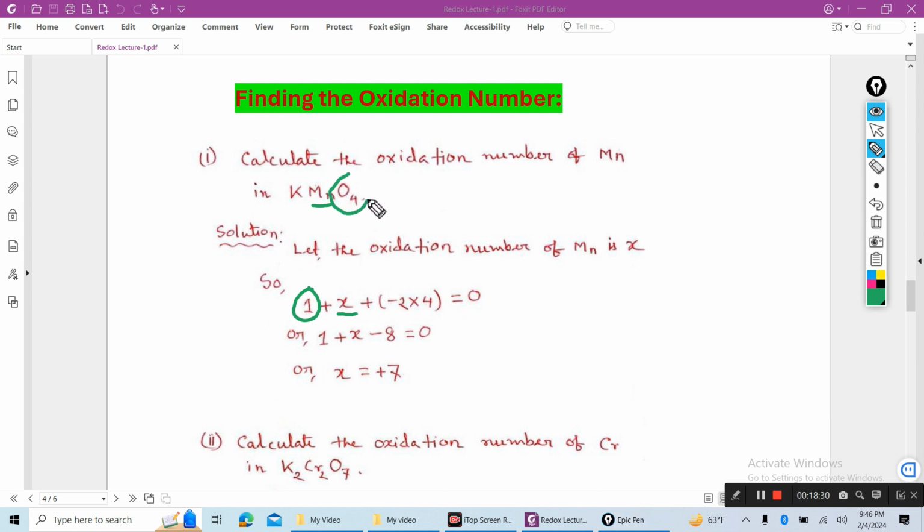Then oxygen, 4 oxygen atoms. Oxygen oxidation number is minus 2 in most of its compounds, times 4 because there are 4 oxygen atoms, equal to 0, because here there is no charge, it is neutral, so it is 0.